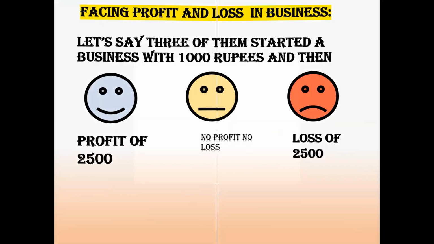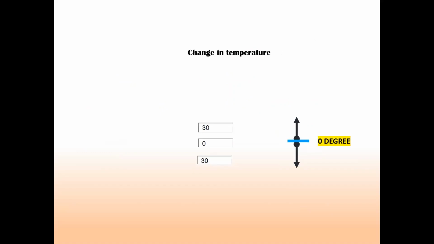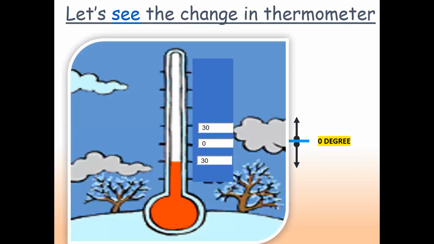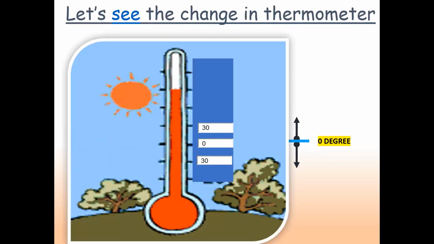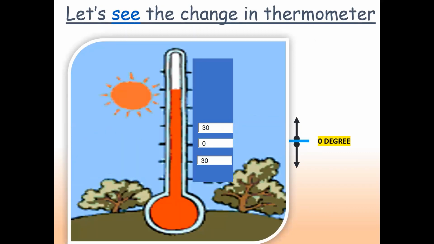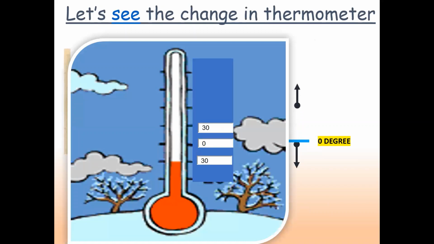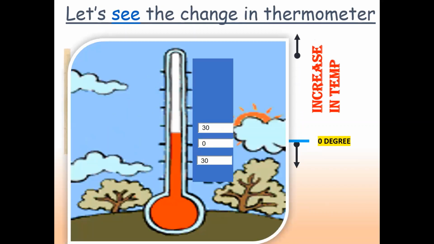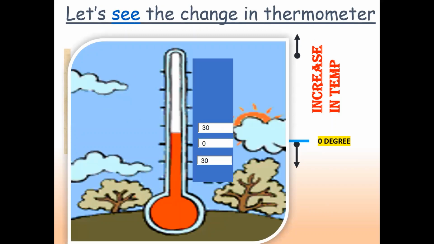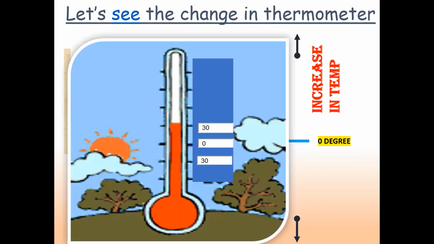Then there are more conditions in our real life. Suppose there are changes that keep happening in the temperature every time. In summer, you have temperature which goes up. So an increase in temperature can be shown using a plus symbol, but sometimes temperature goes below 0 degrees.